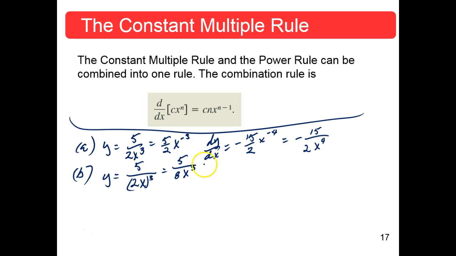Now I would proceed as we did before. Let's rewrite that now. What would that be? 5/8 x to the negative 3. Now I would differentiate it. dy dx would equal, say again?